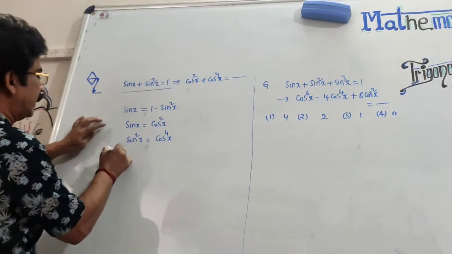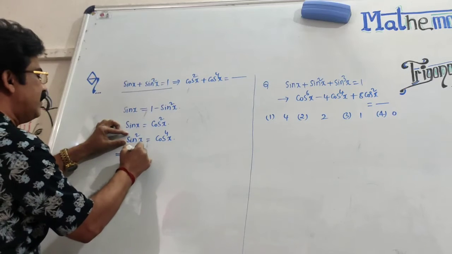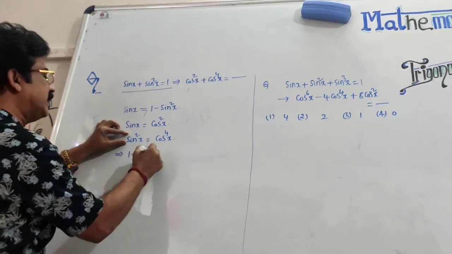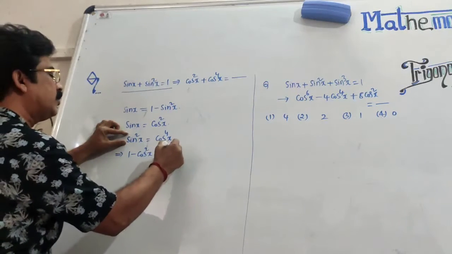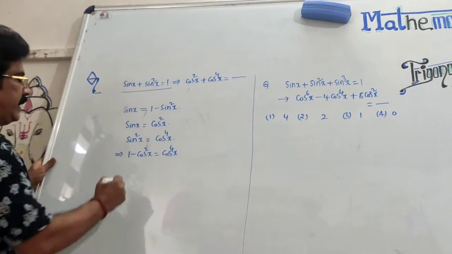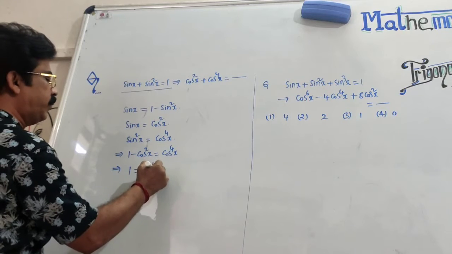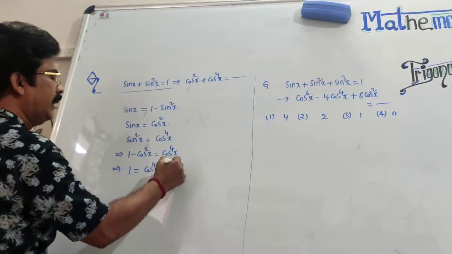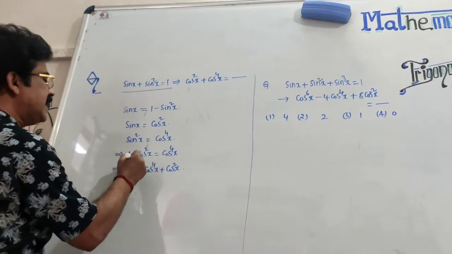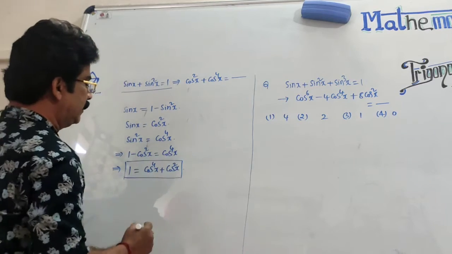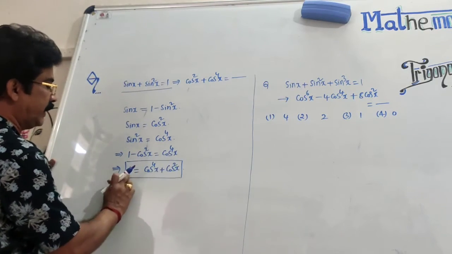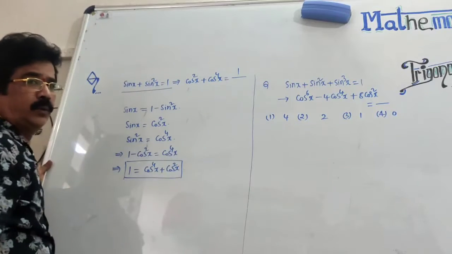Later, sin square can be 1 minus cos square x, that is equal to cos to the power of 4 x. So therefore, 1 is equal to cos to the power of 4 x plus cos square x. So this is the simple technique. Cos to the power of 4 x plus cos square x equals 1.